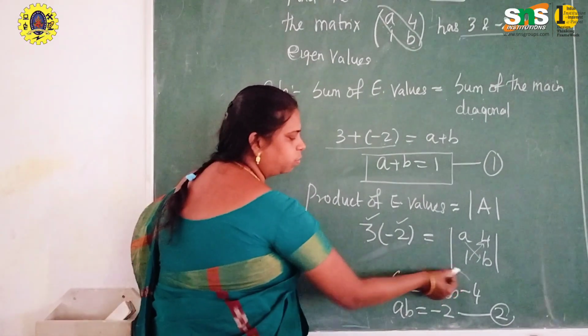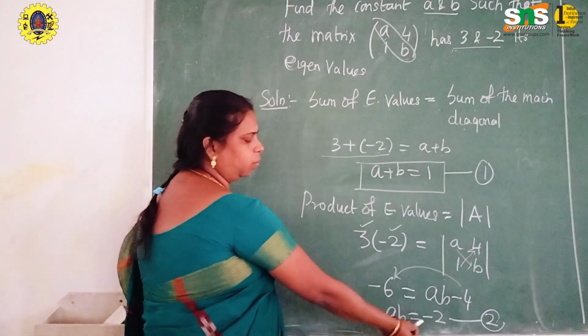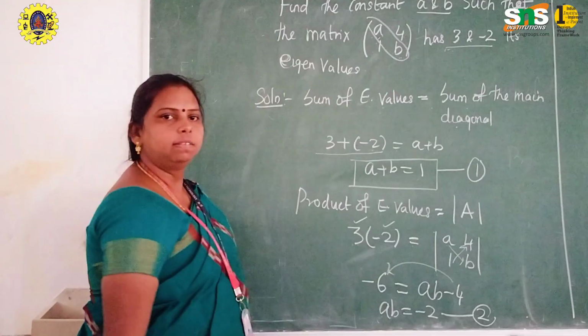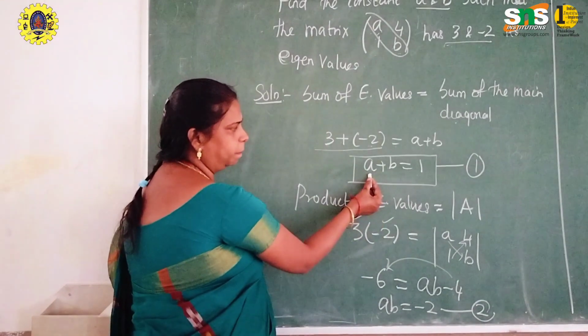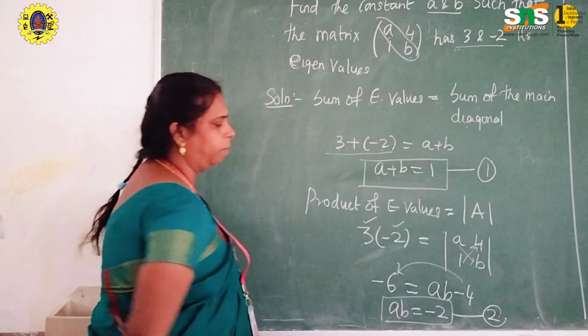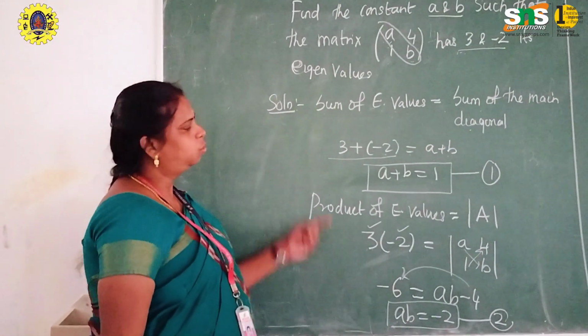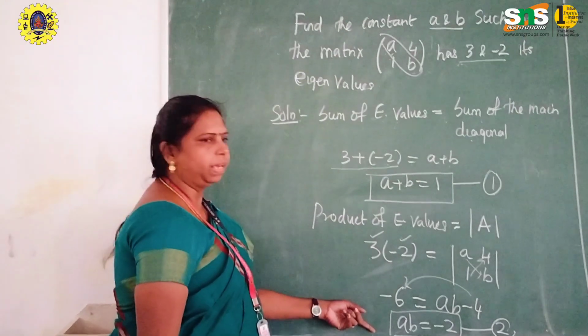This minus 4 comes to the other side, so we get the second equation, AB equal to minus 2. Let us call it equation 2. The first equation is A plus B equal to 1 and the second equation is AB equal to minus 2. Using these two equations, let us find the values of the unknowns A and B.